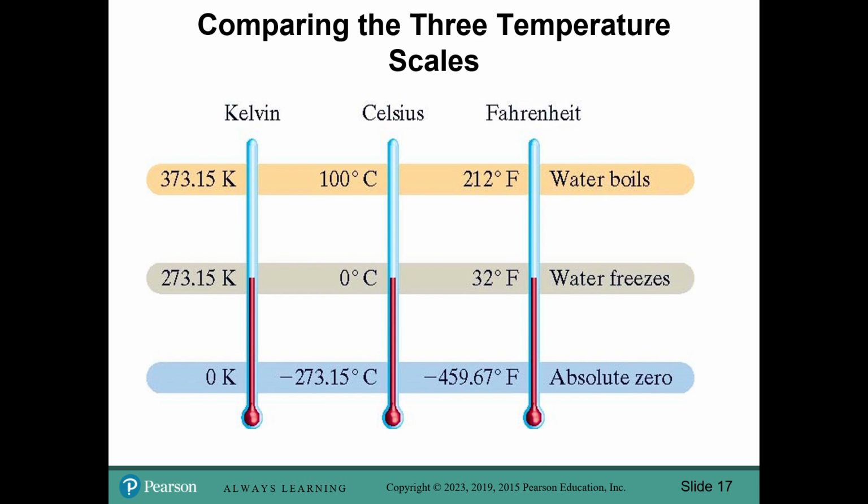So at 373.15 Kelvin, that is equivalent to 100 degrees Celsius, which is equivalent to 212 degrees Fahrenheit. 273.15 Kelvin is the equivalent of 0 degrees Celsius, is the equivalent of 32 degrees Fahrenheit. 0 Kelvin is negative 273.15 degrees Celsius, or negative 459.67 degrees Fahrenheit. That is your absolute 0 point. That is extremely cold, obviously.